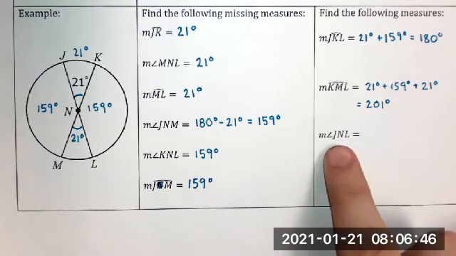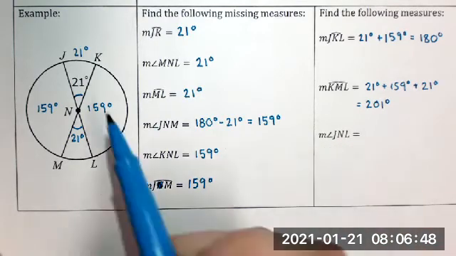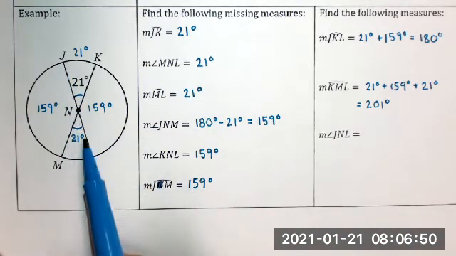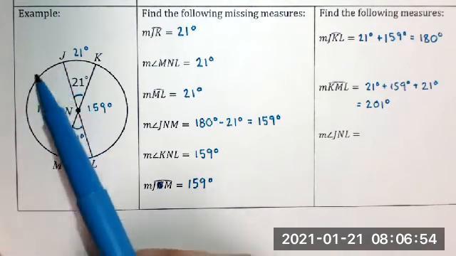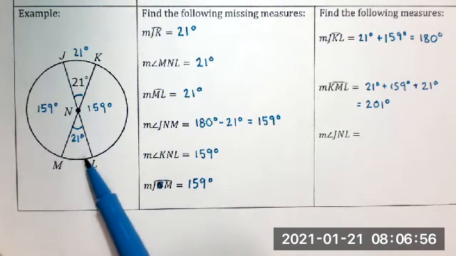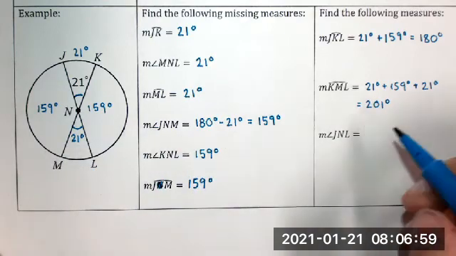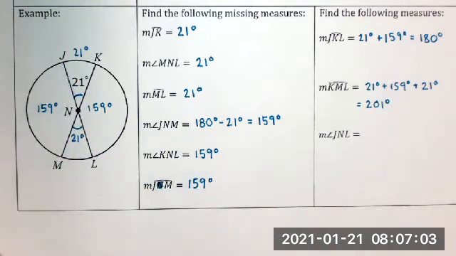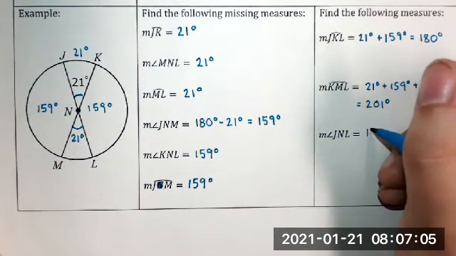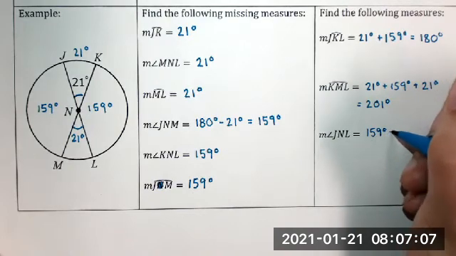Now what about measure of angle JNL? Once again, this is adding the 159 and the 21-degree piece. So that's just going to bring us to 180 again. We could also see that that's half a circle. We could jump straight to that. But it will never fail you to just add the pieces together.